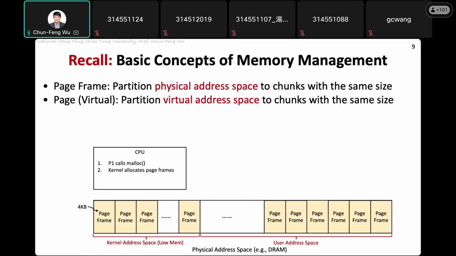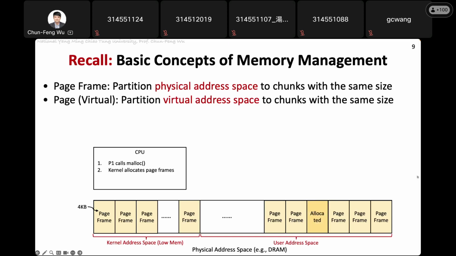Given an example, if there is a process called P1, for example a C program, and this C code calls a memory allocation function, which you usually use to allocate dynamic memory in the C library, right? After calling this function, the kernel allocates page frames to this user process.